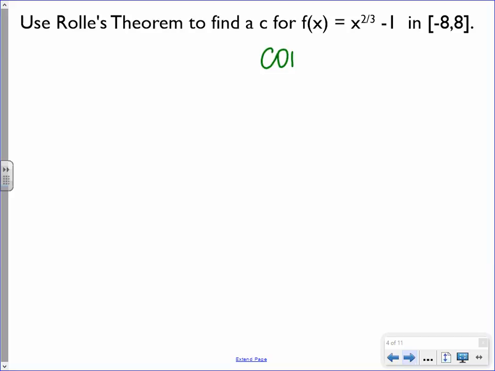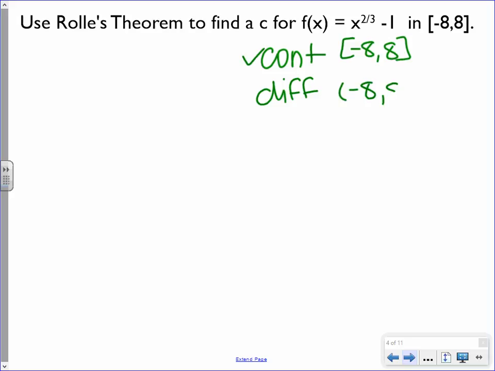It should be an and, continuous and differentiable. Are we continuous from -8 to 8? Are we differentiable from -8 to 8? Yes. Just square it, and there has to be a positive one.